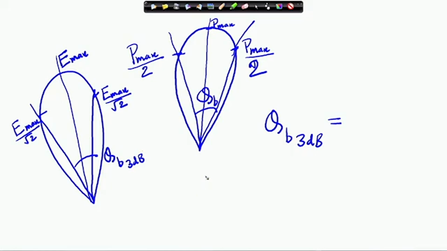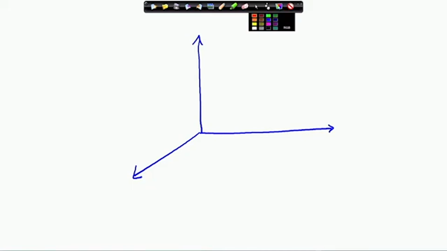So, either from the field pattern or from the power pattern you can quantify the 3 dB beam width. So, we can go back and look at the E plane pattern of the current element that we have already seen, meaning how it varies in the theta plane. We have already seen that it was a sine square theta pattern.